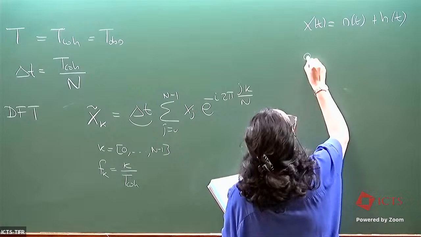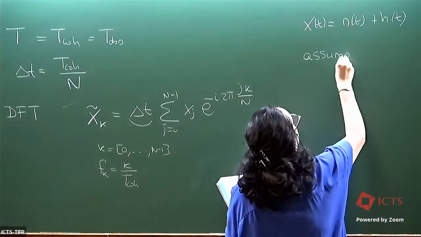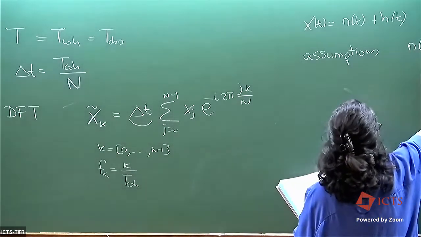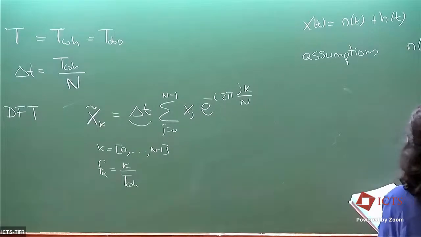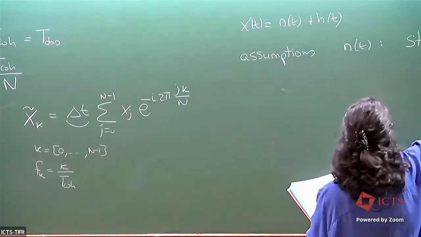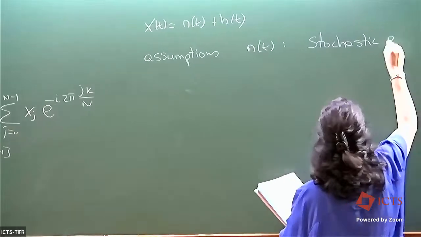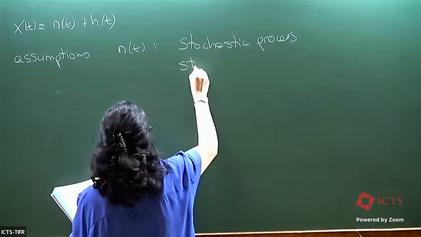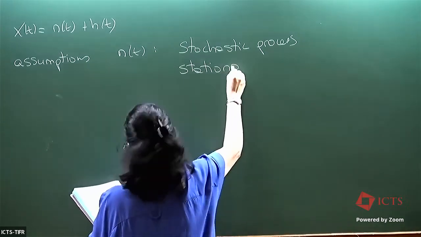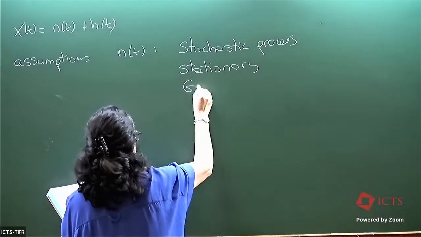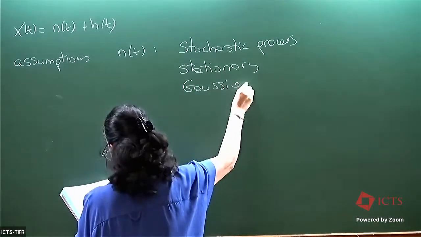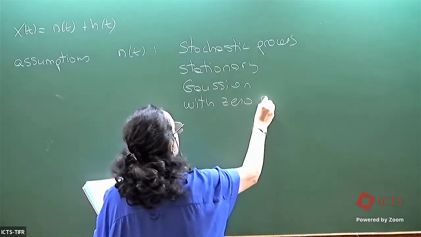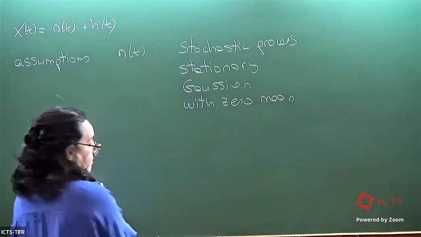And I'm going to work under the assumptions that the noise is a stochastic process that is stationary, that is Gaussian, and with zero mean.